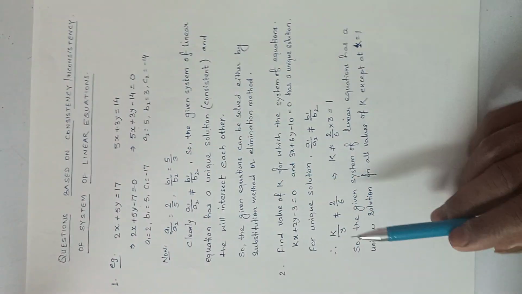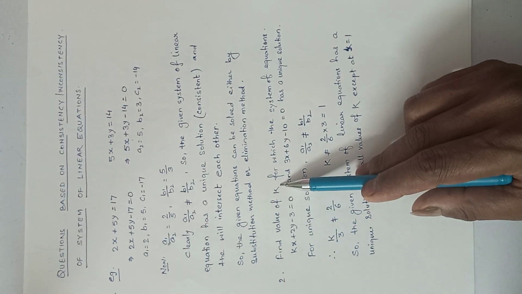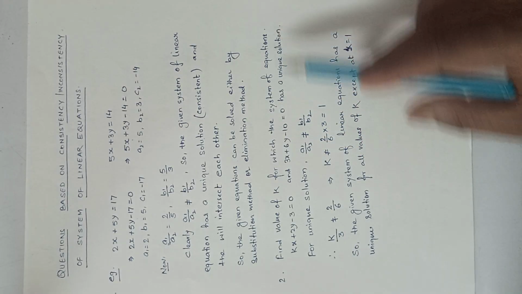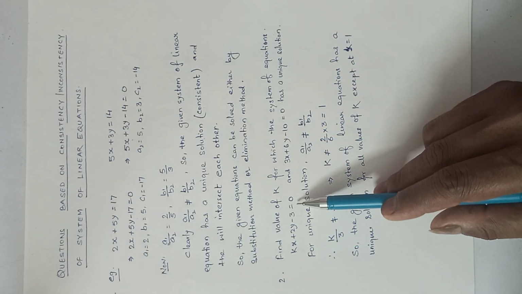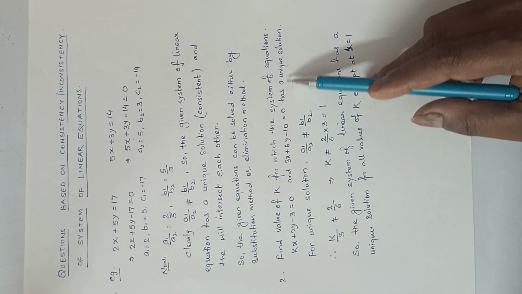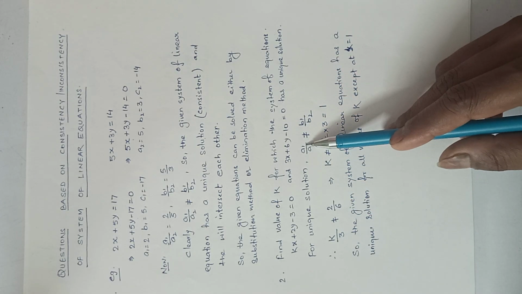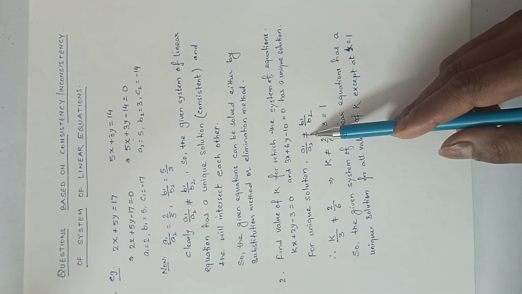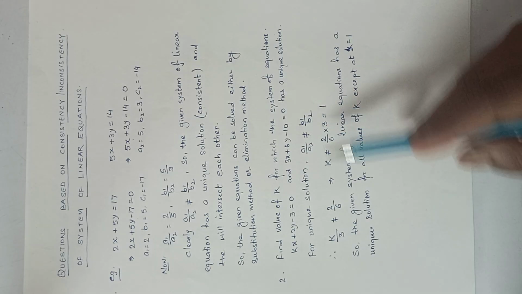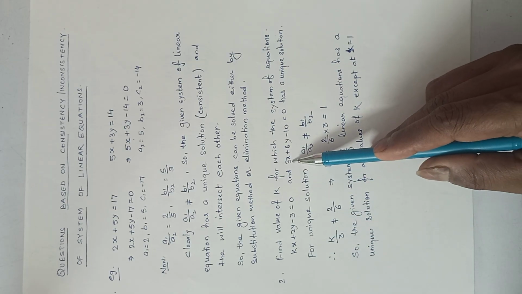In the second question, find the value of k for which the system of equations kx plus 2y minus 3 equals 0 and 3x plus 6y minus 10 equals 0 has a unique solution. Here for a unique solution, a1 upon a2 should not be equal to b1 upon b2. Now we can see here a1 is k and a2 is 3.